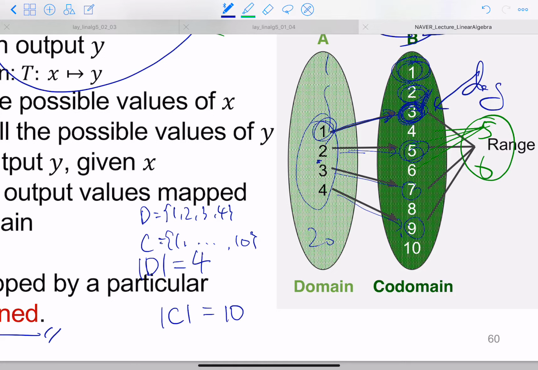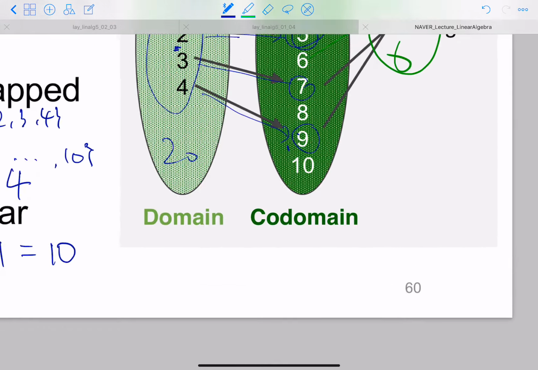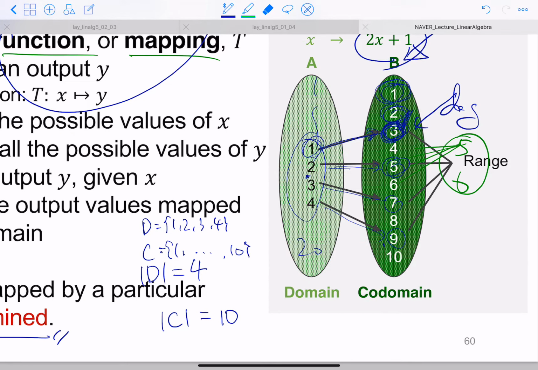So that is what this notation of a single bar enclosing the set means. And here we can easily see the condition for onto.